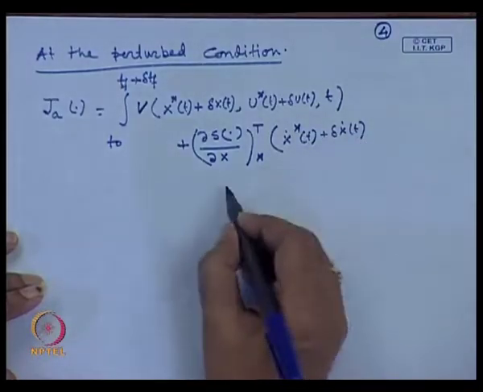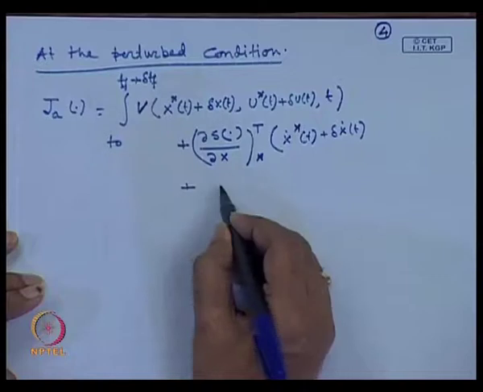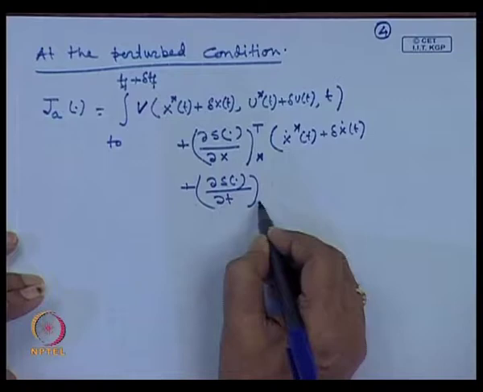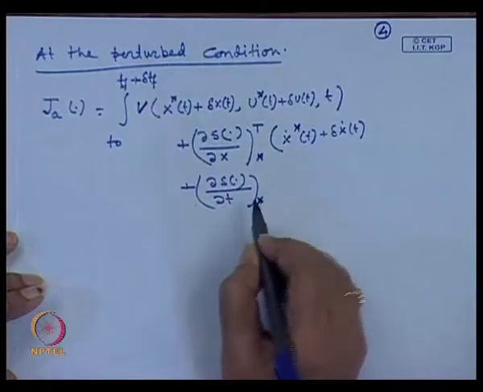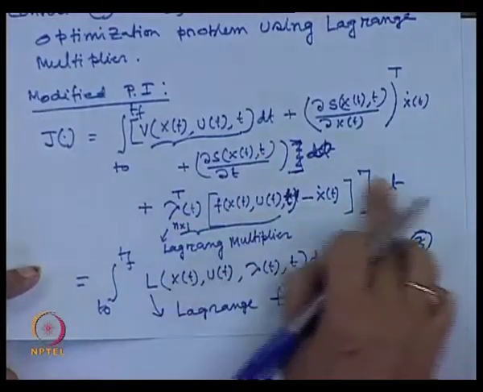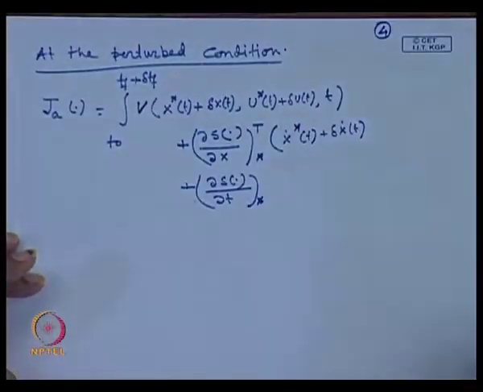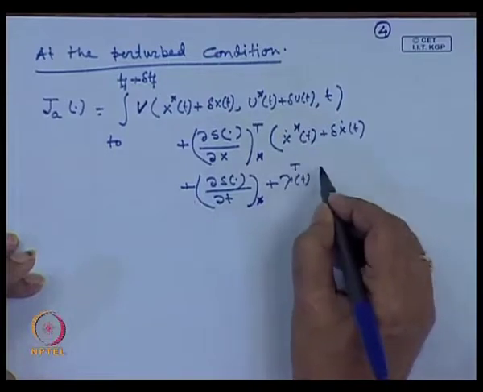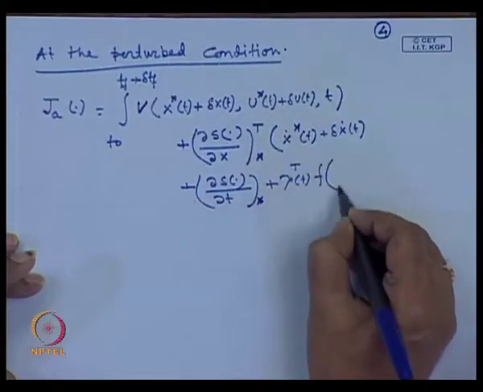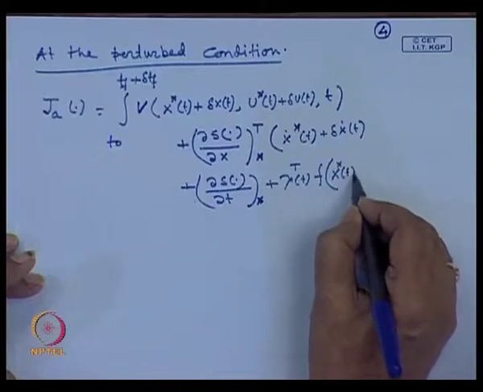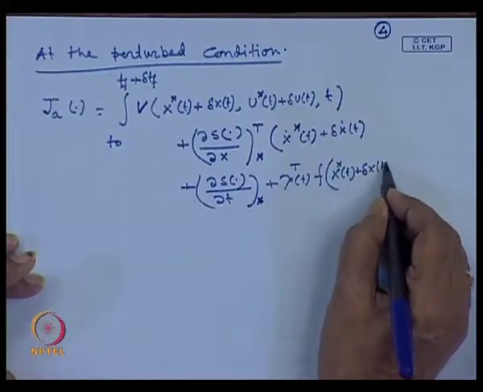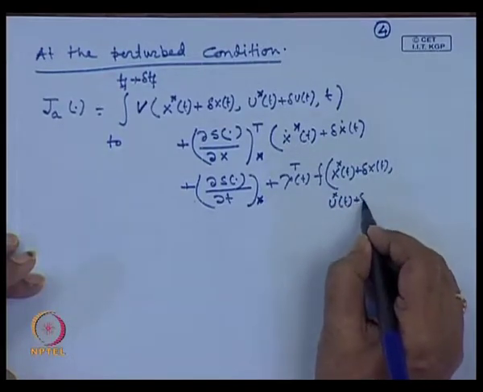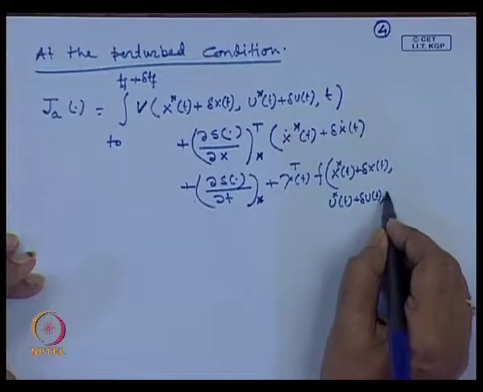Then what is left? The del s of del t whole star is there, just that one, plus this term, plus lambda of t transpose then f of x star of t plus delta x(t), u star of t plus delta u of t, then t.